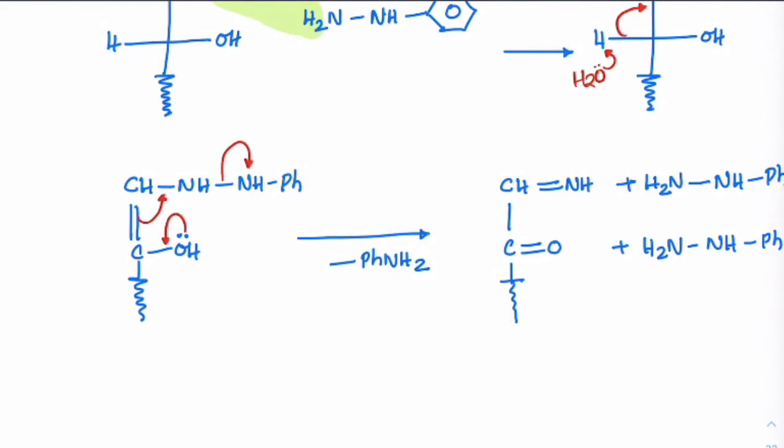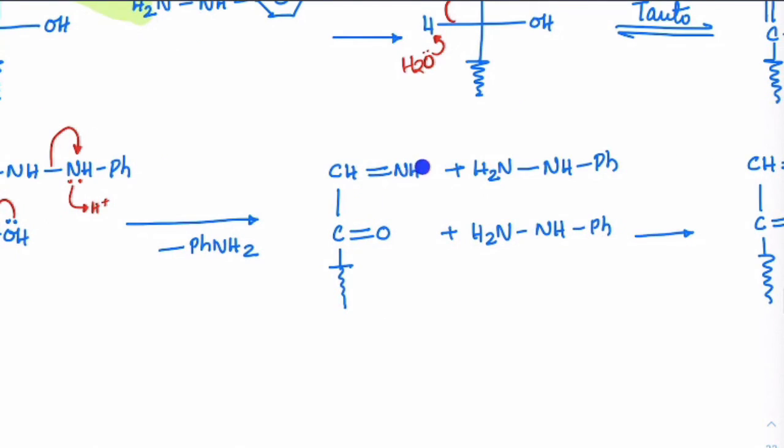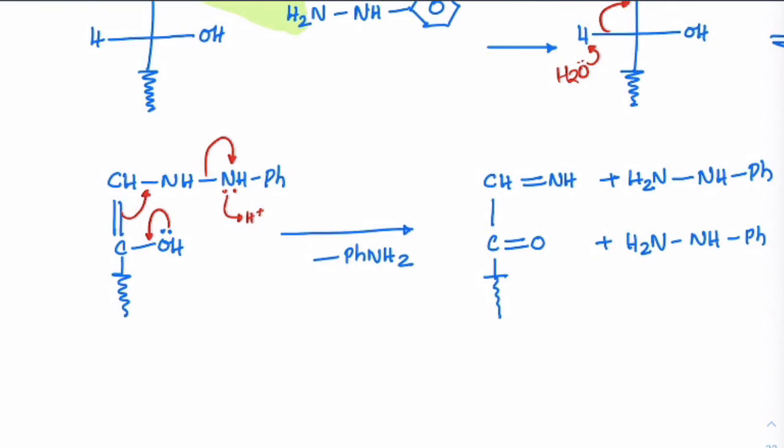Since it is in acidic medium, imagine that it is taking away the proton and it would become PhNH2, that is aniline. So 1 mole of aniline will come out and you will get a complete imine form, C double bond NH. This is the imine form. I hope all of you got this.